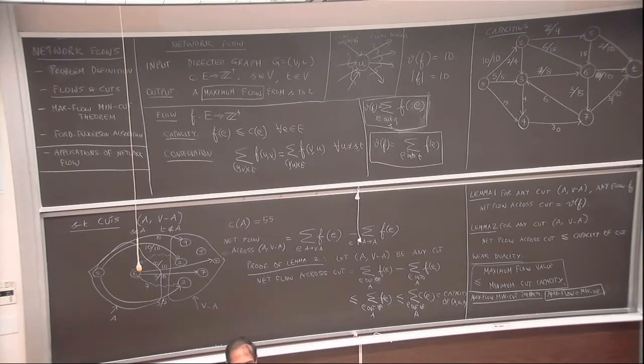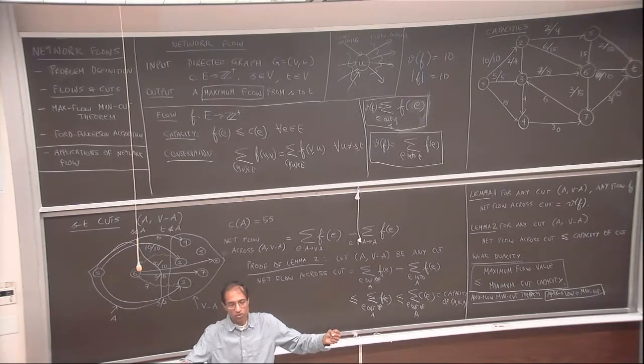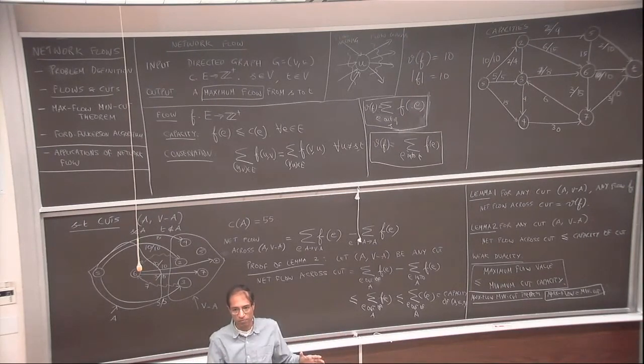It's exactly the same thing. However you want to view it, it's completely symmetric between source and sink. You just arbitrarily pick something to be source and something to be sink. If this was the source and this was the sink and the edges were reversed, that would be exactly the same problem. And the actual bottleneck could be anywhere inside the graph.